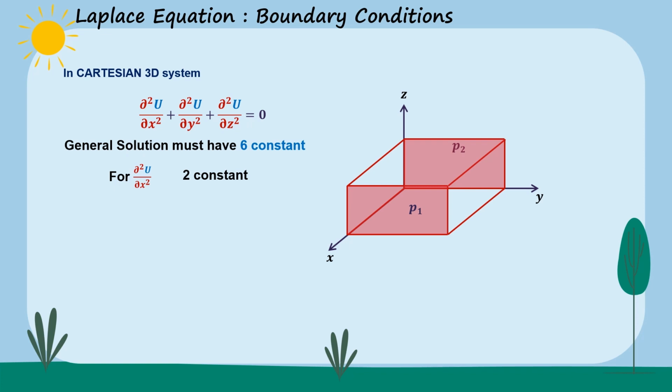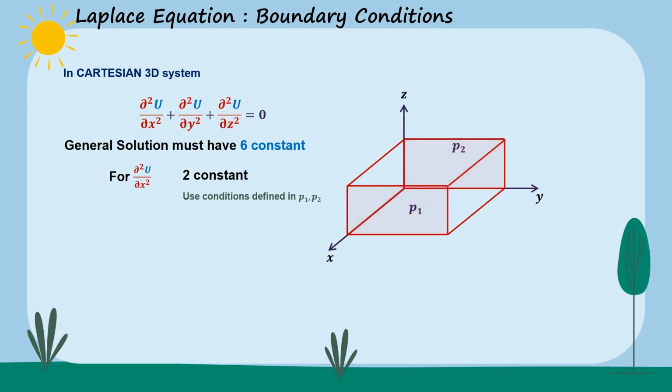For del u del x2, we need 2 constants, and to find these 2 constants we need 2 given conditions, and these 2 conditions need to be defined on the surfaces P1 and P2. Why? Because it is in the x direction. That's why we need the boundary condition in the form of del u del x, or u itself, in the x direction, on the surfaces P1 and P2.